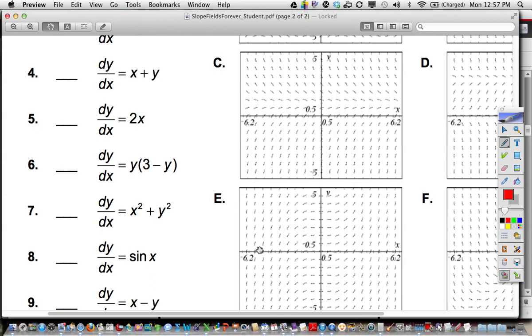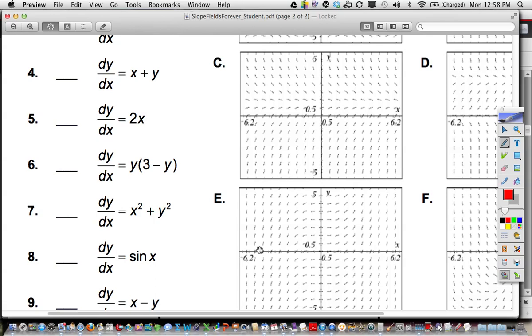How about this one? How about E down here? Kind of a cubic. I mean, it's kind of steep back here, and then as it comes up, it kind of levels, and then it seems to level like so, and then it heads back the other way. Kind of a cubic look to it, all right? So that is another thing: draw a slope field, match a slope field with a differential equation. And then another thing I'll want to do is if I give you a slope field and then give you an initial condition, I want you to be able to plot that point and then kind of sketch in what the curve would look like.